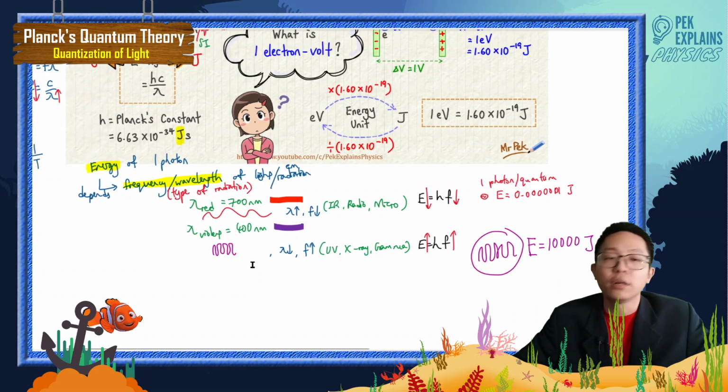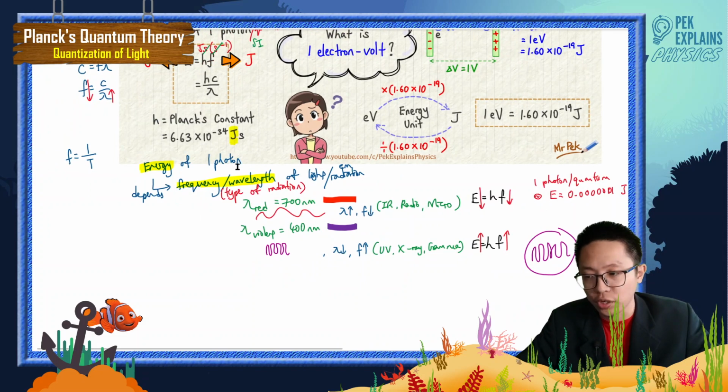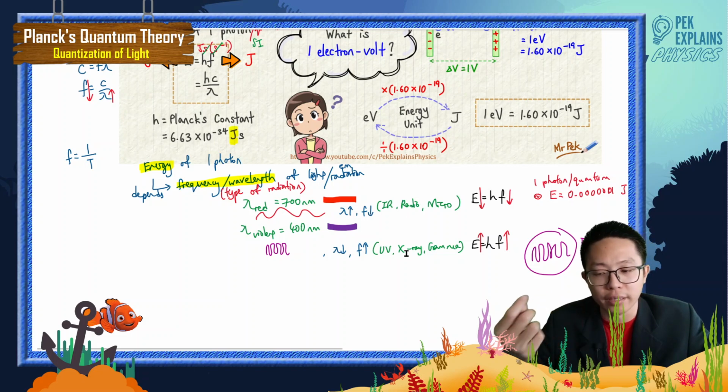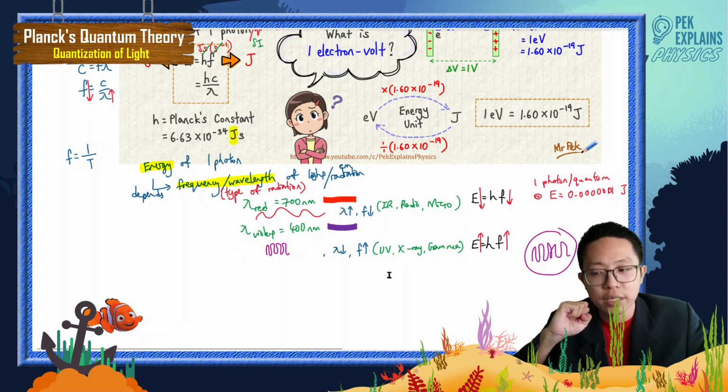So again, the energy of one photon depends on the frequency or wavelength of light, or we can say it depends on the type of radiation. Is it a red light or a violet light? Is it a microwave or an X-ray? Different types of radiation have different frequency and wavelength, and different energy for each photon.